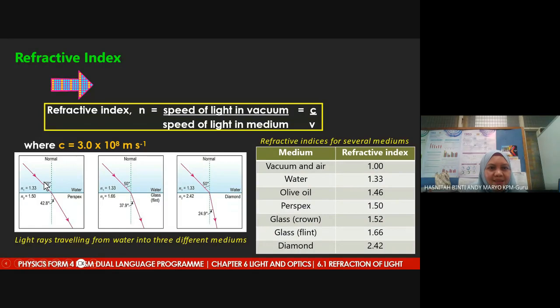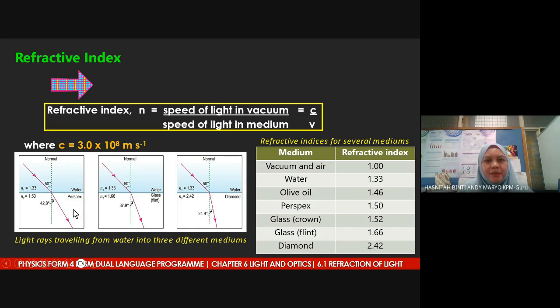But what is the difference? The difference is in the angle of refraction, due to the different second medium. Perspex gives an angle of refraction of 42.8 degrees, 37.9 for glass, and 24.9 degrees for diamond.